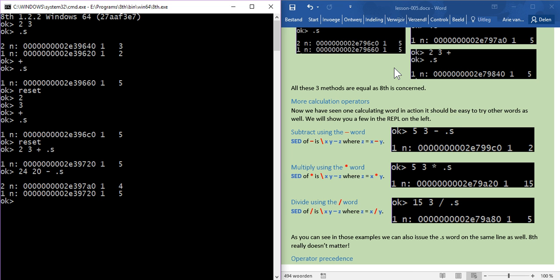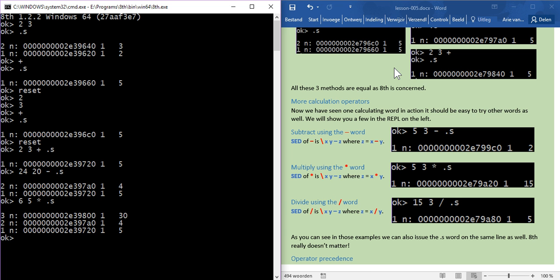In the same way we can multiply. For example 6 5 asterisk .s. And again you see that at the top of the stack the result of 6 and 5 is present, and the previous results are below it on the stack.